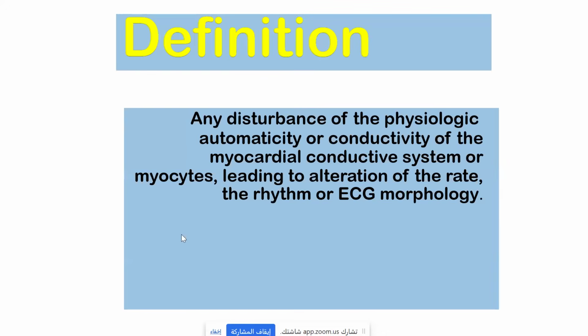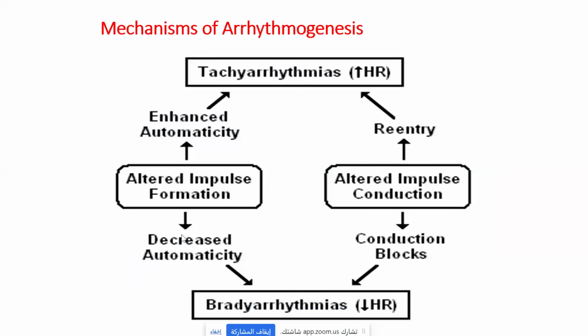In the general definition of arrhythmia, arrhythmia means any disturbance of physiologic automaticity or conductivity of the myocyte. This alteration leads to a change in the rate, rhythm, and even the ECG morphology.